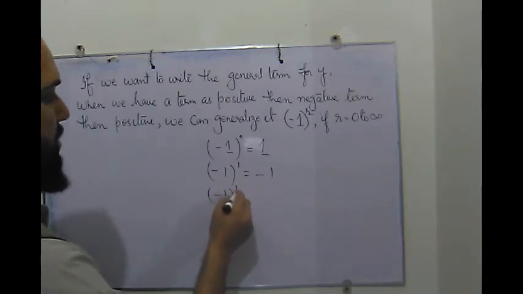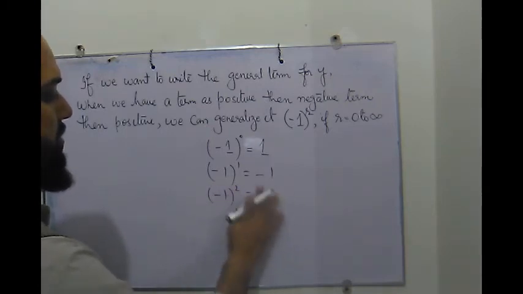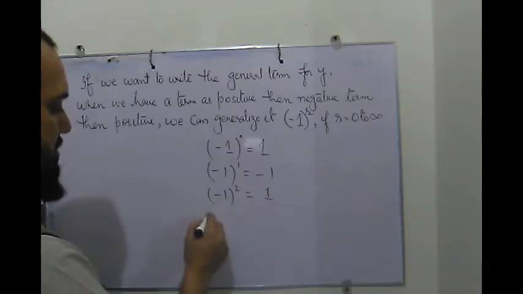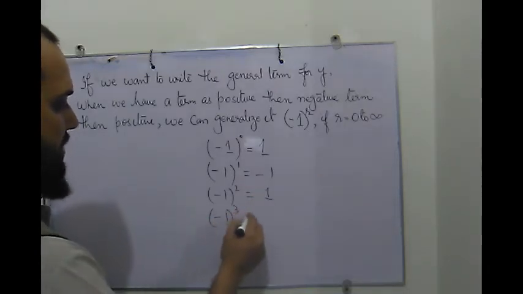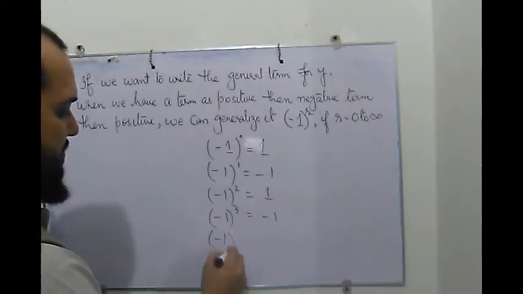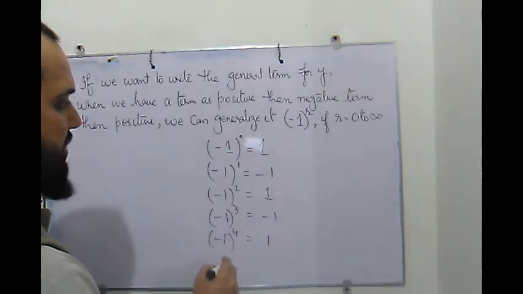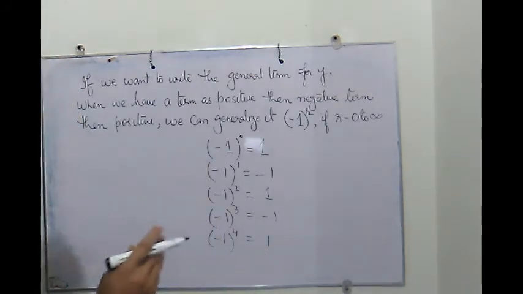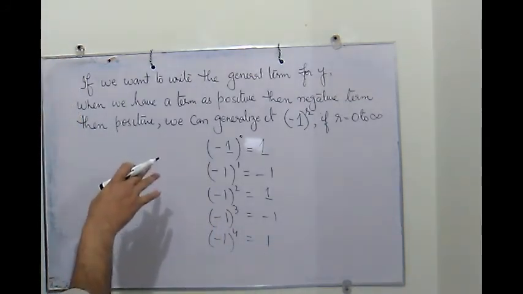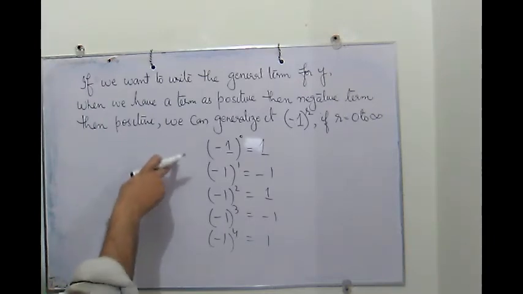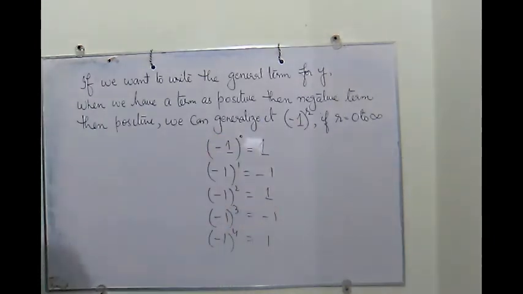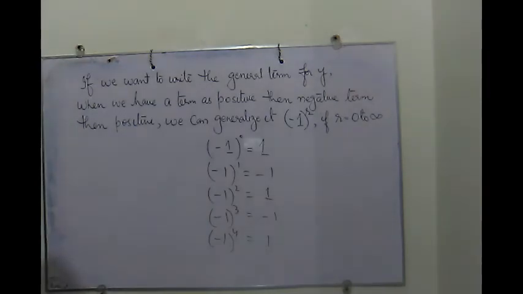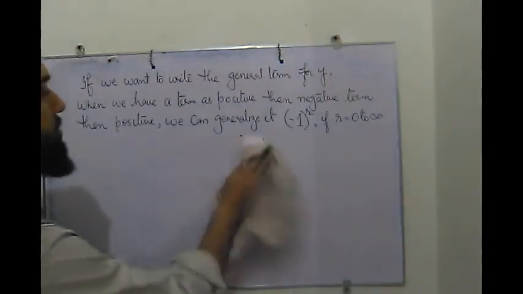Then minus 1 raised to the power 2 will give us 1, and minus 1 raised to the power 3 will give us negative 1, minus 1 raised to the power 4 will give positive 1. So if we have alternate terms, positive, negative, then it can be generalized by writing minus 1 raised to the power r.